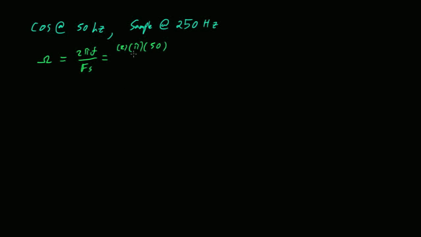That's 10 over 25. That's 2 over 5. That's 0.4, right? So that's 0.4 pi radians per sample. Factor out the 50 on the top and bottom. There we go. Okay. It's pretty cool. Should we try another one?